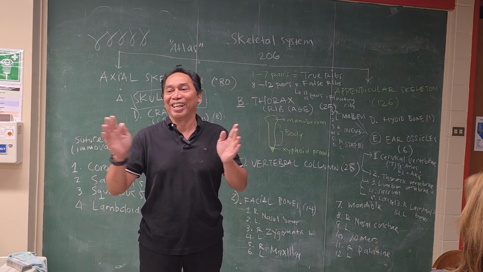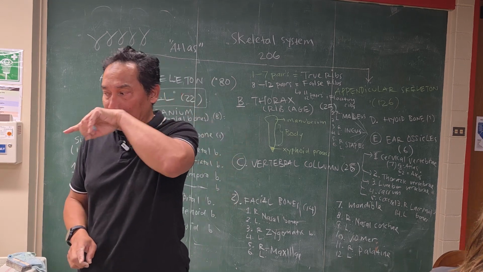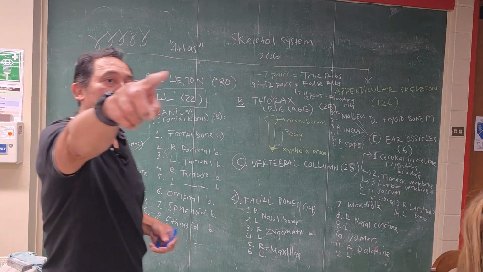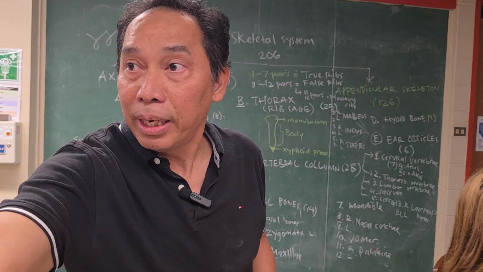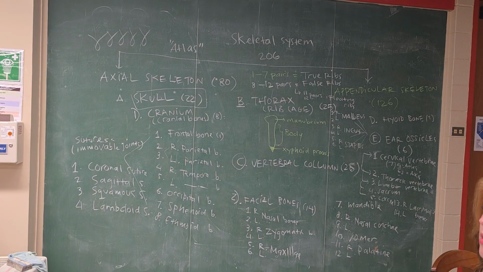Okay? All right. Now, what we're gonna do? There are four skulls. So number one, there is number 2 over there. This one is number 2, right? And we have number 1 over here. Yeah, number 1.